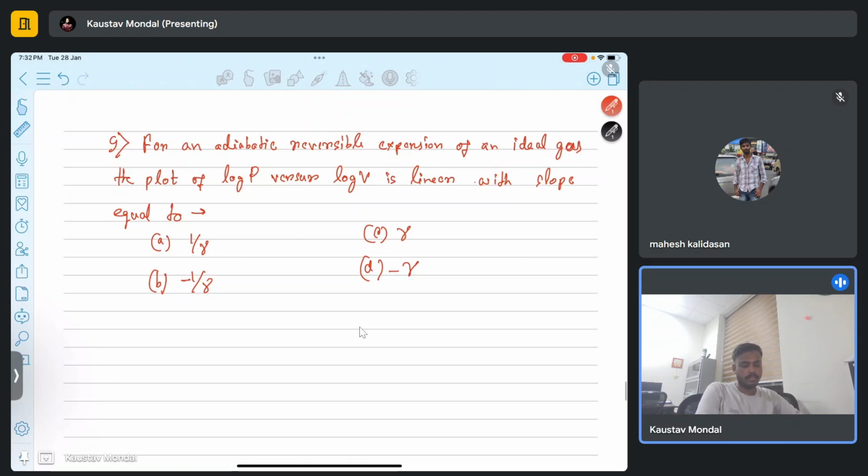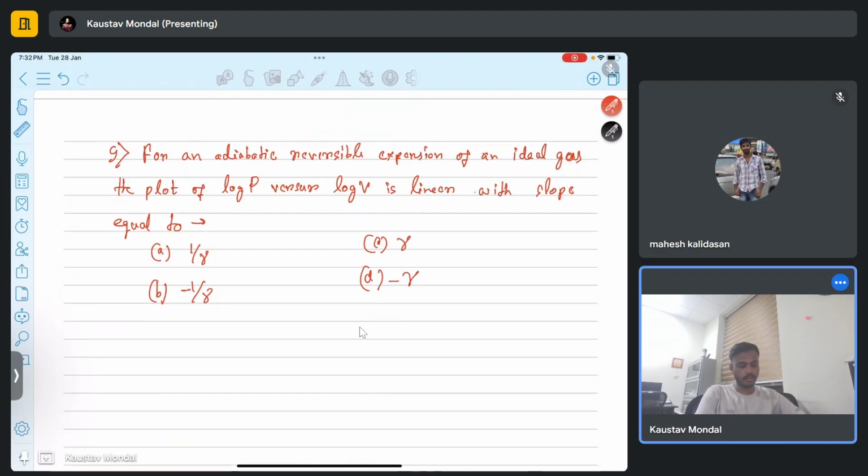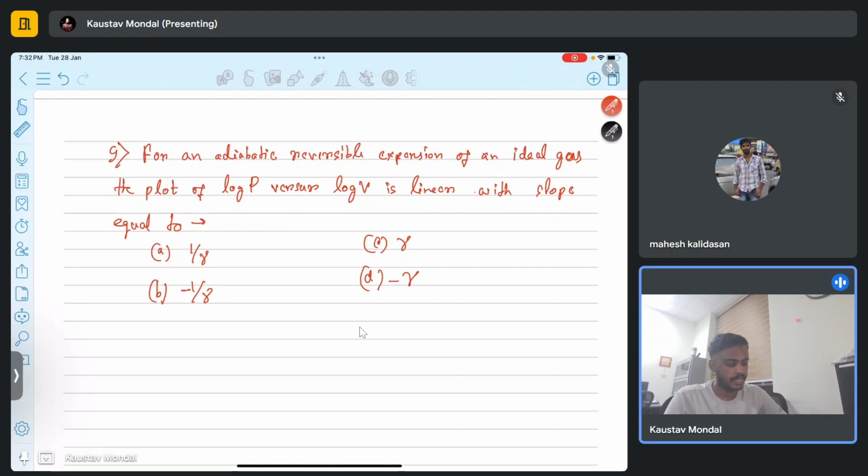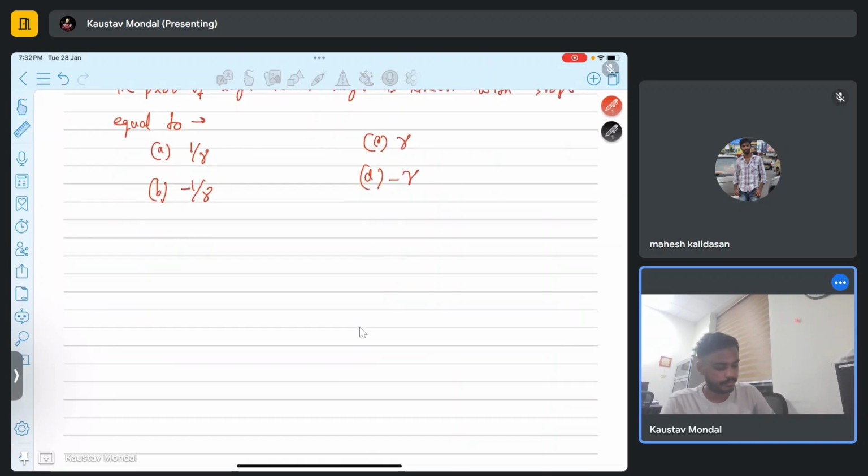So this is an adiabatic reversible expansion. For an adiabatic process, there is a different relationship between P and V that holds for an ideal gas which has gone through an adiabatic reversible process. And that relation is P into V to the power gamma equal to constant.